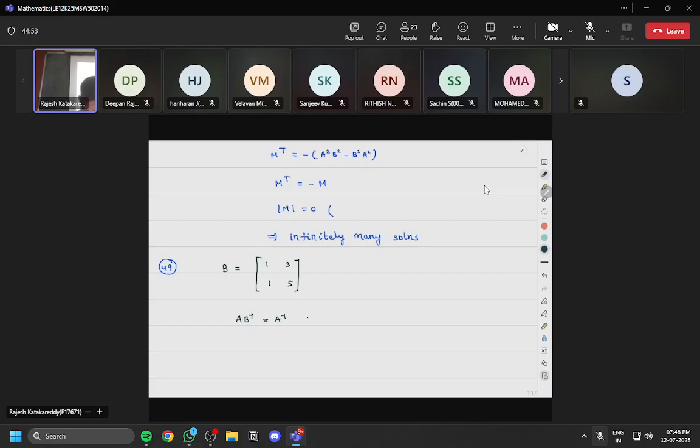One more thing is given: B C B inverse is equal to A. Let me ask you one thing. What can we say about the matrices C and A, how are they related? That much depth I don't want.